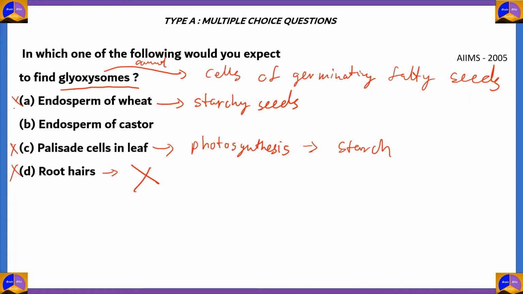Therefore, option A is incorrect. The right answer is option B, endosperm of castor. It's from castor that we get castor oil. So that means it has a lot of oil in it, and oil is essentially higher order fatty acids. Therefore, option B is correct. Glyoxysomes are found in the endosperm of castor.